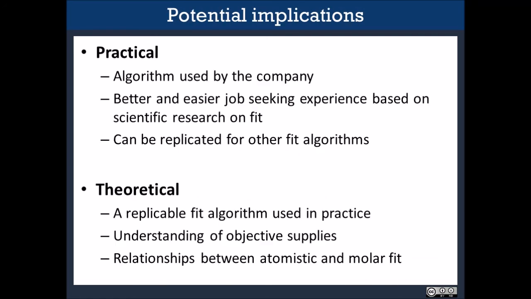Finally, very briefly, here are some potential implications. Of course, there are some practical implications because the company would use the algorithm for its business. So it will be useful to this company in particular. It might be useful for other companies as well because this algorithm will be documented.